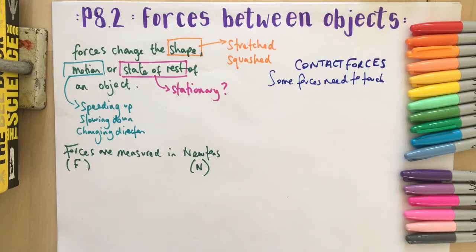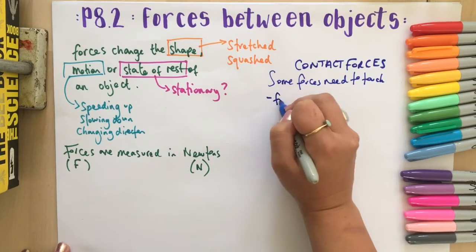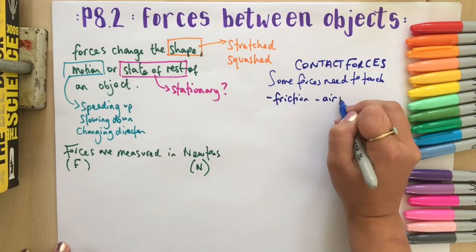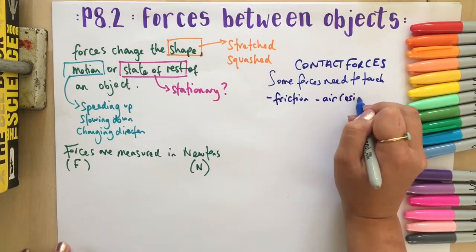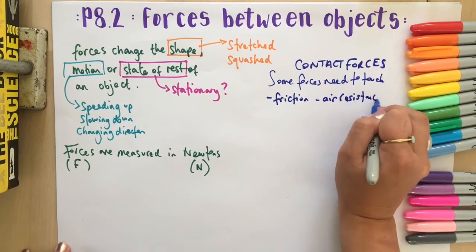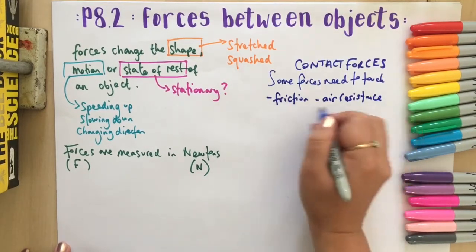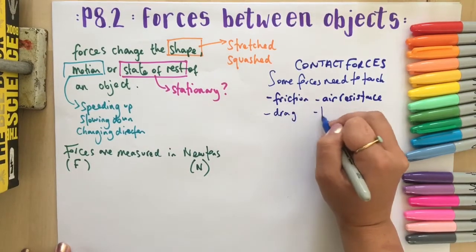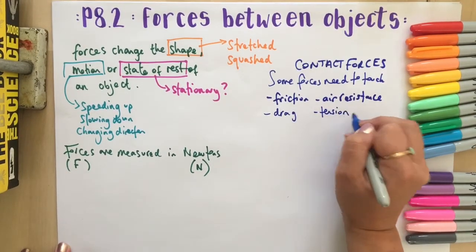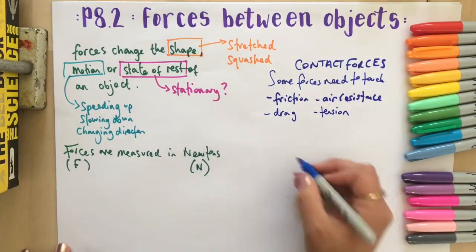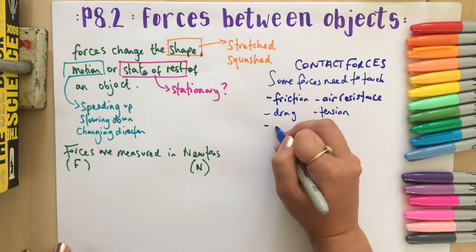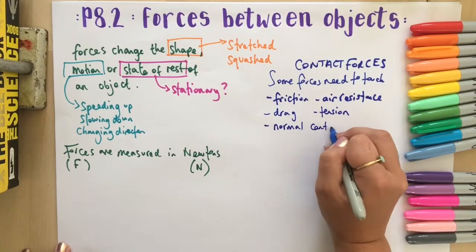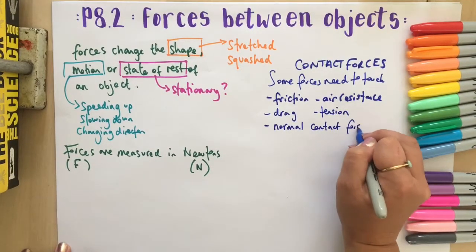Examples of contact forces are things like friction and air resistance, which we could call drag together. Tension, so when you apply a force to stretch something, and then something that you might not have heard of before, but you will have encountered, a normal contact force.